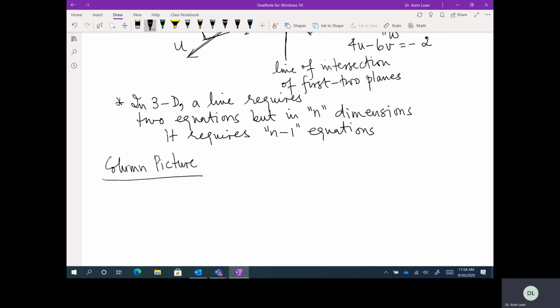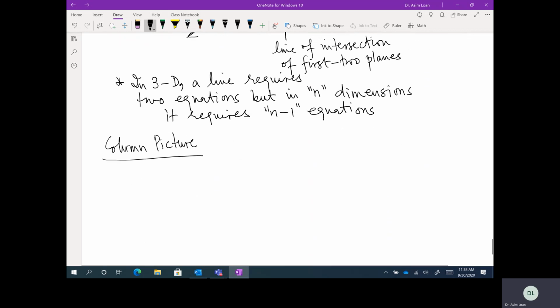So if I write the equations again, 2u plus v plus w equals 5, 4u minus 6v equals minus 2, and then I have minus 2u plus 7v plus 2w equals 9.